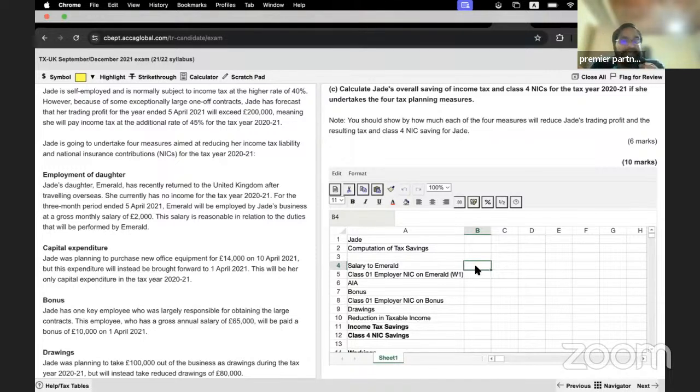Whatever creates an increase in Jade's tax adjusted trading profit, I'm going to consider as a negative number. After that, I will figure out what is the impact on the overall taxable income or tax adjusted trading profit. Based on that overall impact, I will apply the respective tax rates, which will give me the overall tax impact as well. Are we clear on the approach?